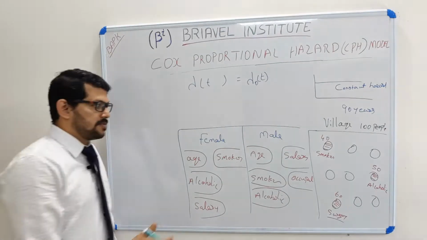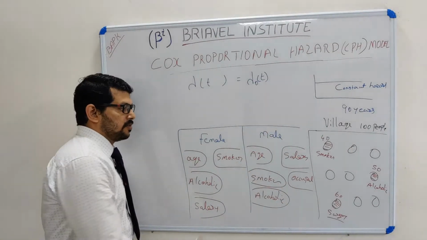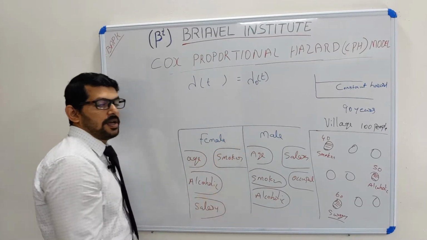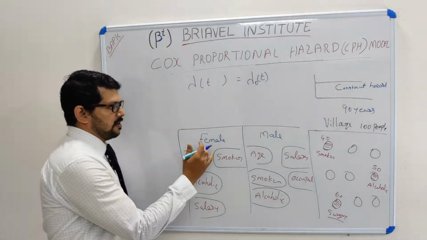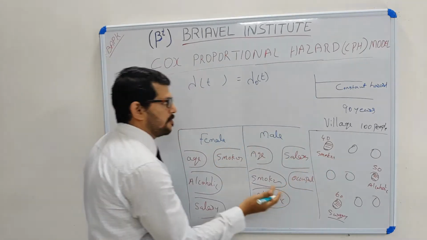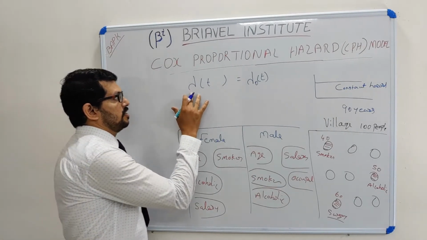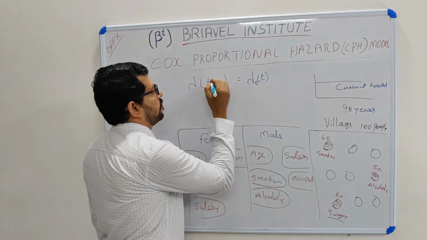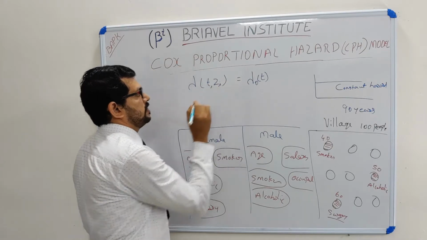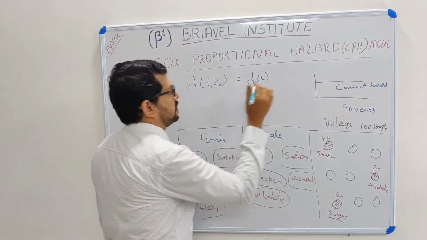But now I understood these are the factors affecting their hazard rate. These factors, which affect their mortality, I call covariates. So the hazard rate is affected by covariates, which are represented by Zi.